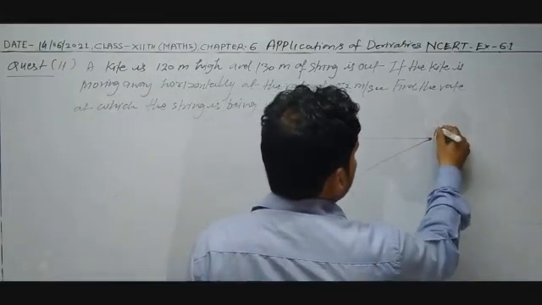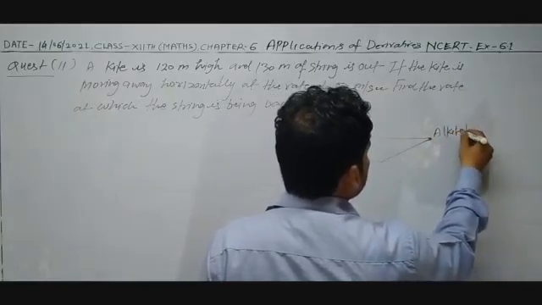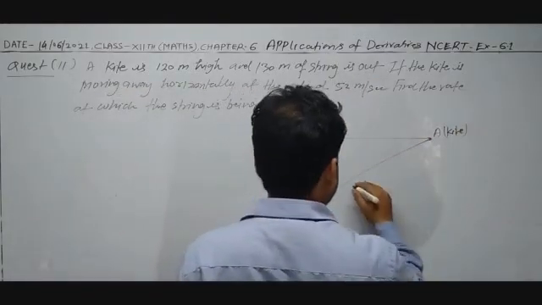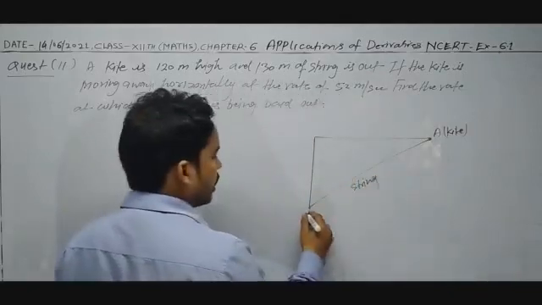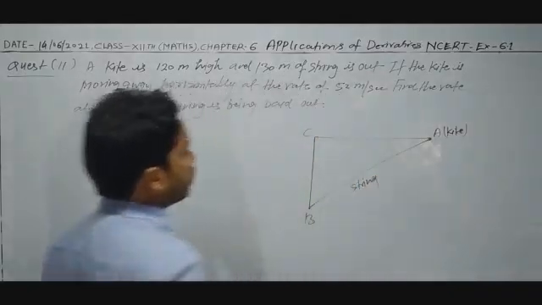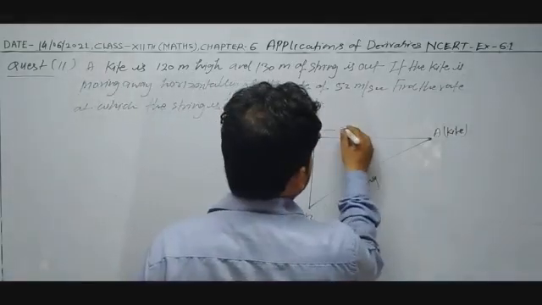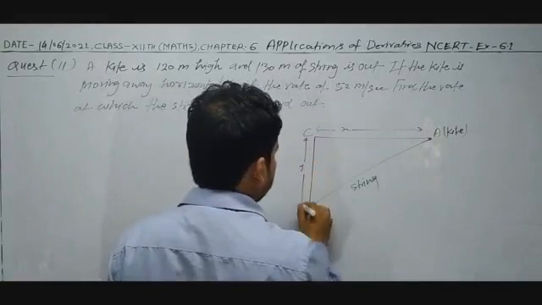A is the position of the kite, and the hypotenuse represents the string. The string position, consider B. This is the point and this is C. And suppose this distance AC length is small x, and this distance is y.